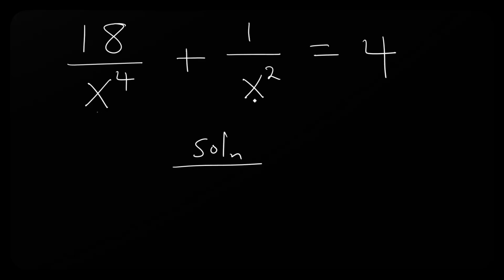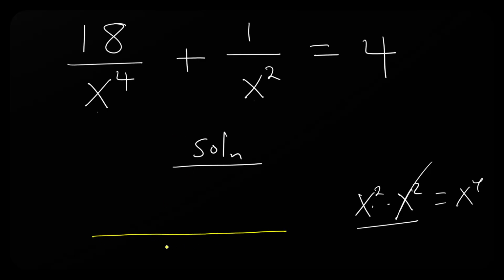We know x squared can go into x to the power 4, because x squared times x squared is x to the power 4. So let's find the least common multiple, the LCM.